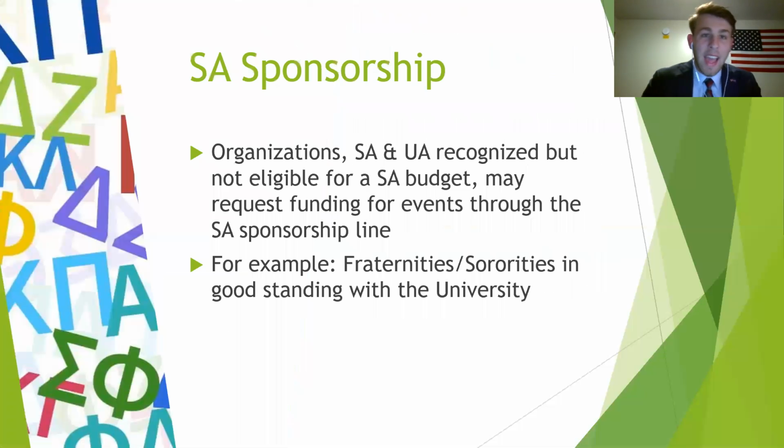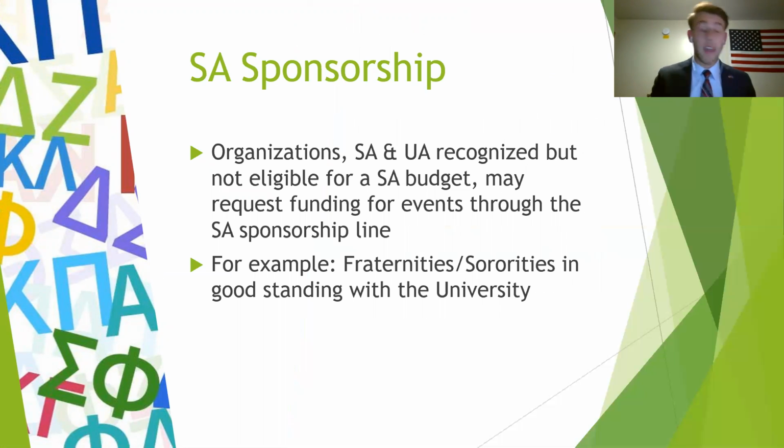Okay. And the last line is the SA sponsorship line. So this is for organizations that are SA and UAlbany recognized, but you're not eligible for an actual SA budget through the Board of Finance. So the easiest example would be fraternities and sororities.